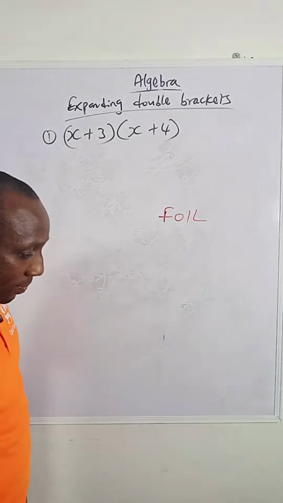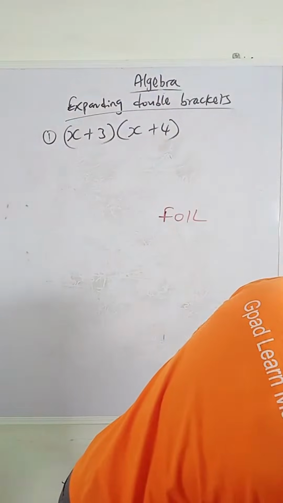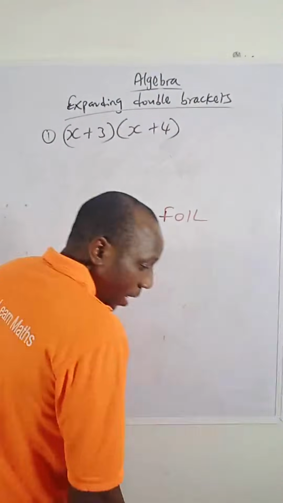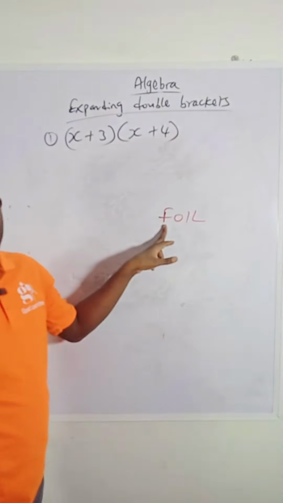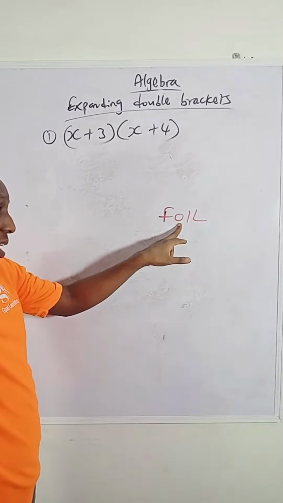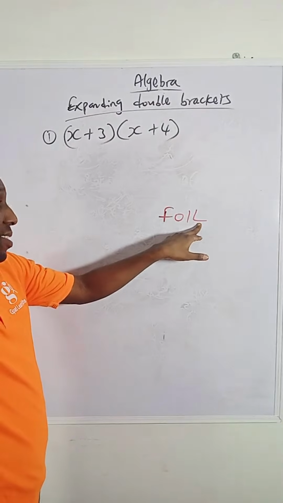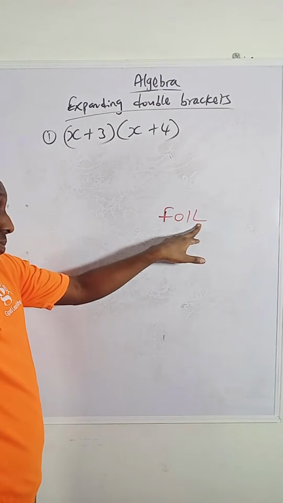Anybody? Okay, so F stands for first, O stands for outer, I stands for inner, and L stands for last.